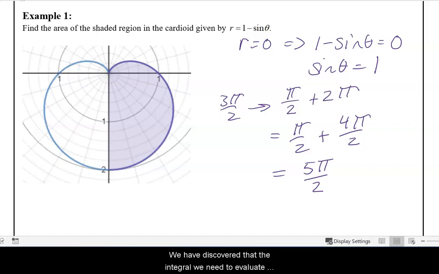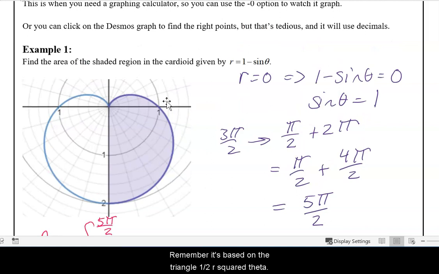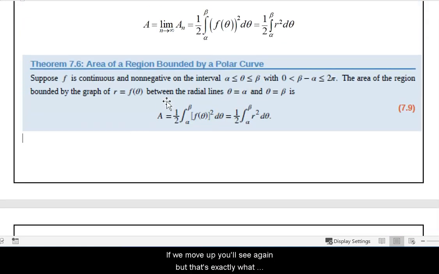We have discovered that the integral we need to evaluate to find the area of the shaded region is the integral from 3 pi over 2 up to 5 pi over 2 of, well, what was our formula again? Remember, it's based on the triangle, 1/2 r squared theta. If we move up, you'll see again that that's exactly what we need, 1/2 r squared d theta.